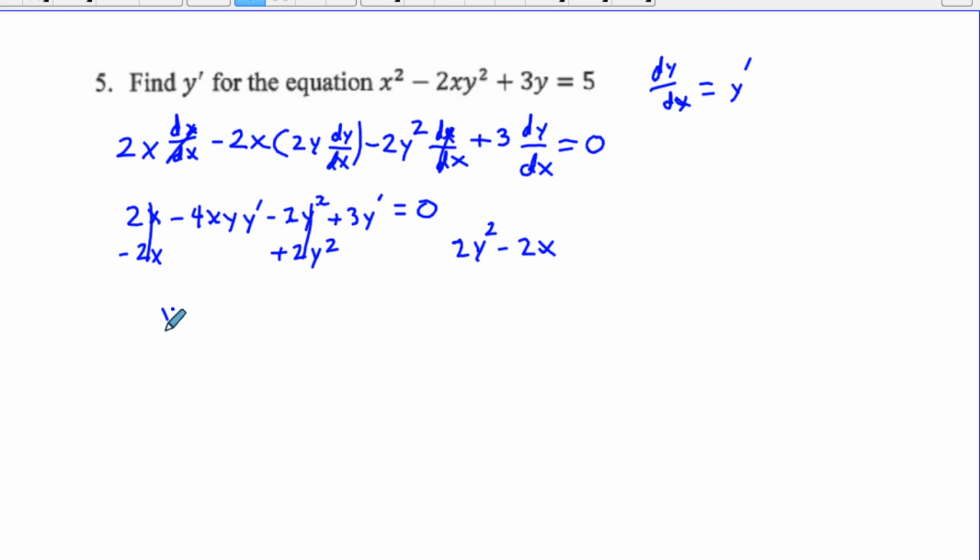So we have y prime times negative 4xy plus 3, and it's equal to, on the right side, 2y squared minus 2x.